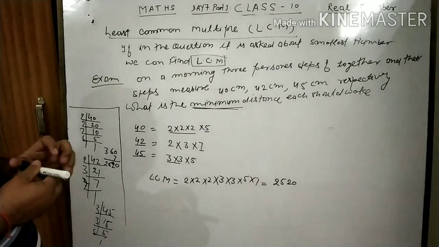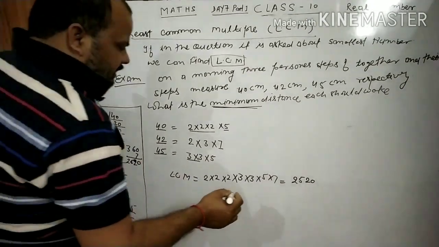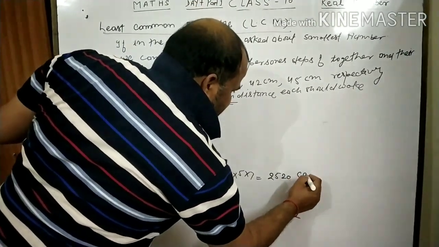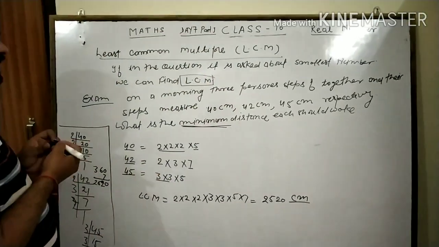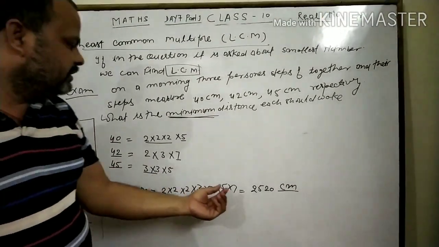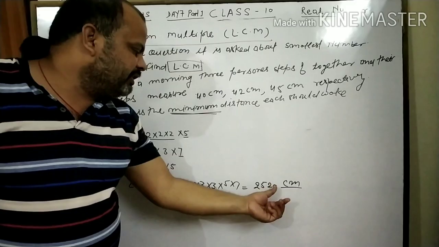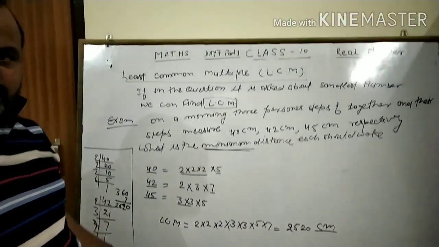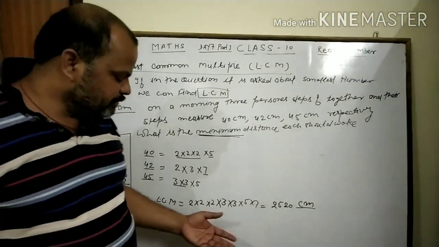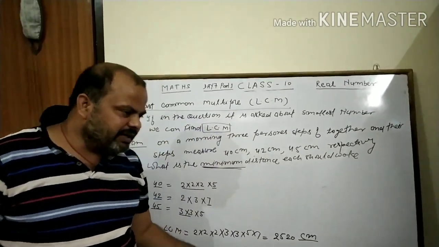Then the minimum distance each should walk is 2520 centimeter. Okay, by this way you can find the LCM and HCF.